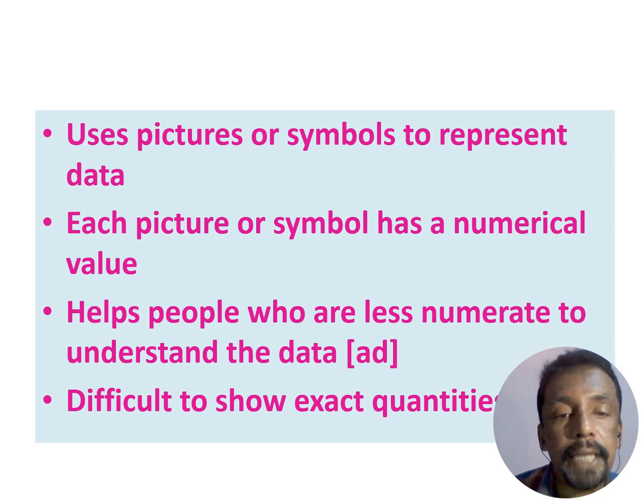The advantage is that it helps people who are less numerate to understand the data. If you are not good with numbers, then this is a better way of presenting our data for people to understand. Difficult to show exact quantities. When quantities are too large, it's difficult to show the exact quantities.